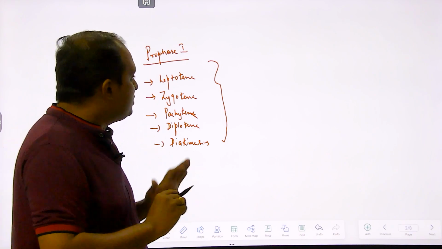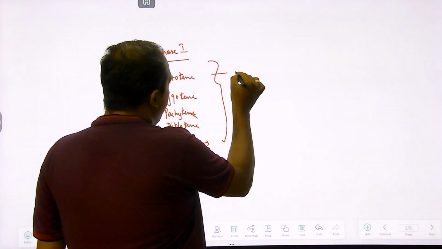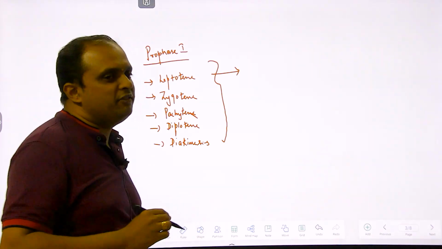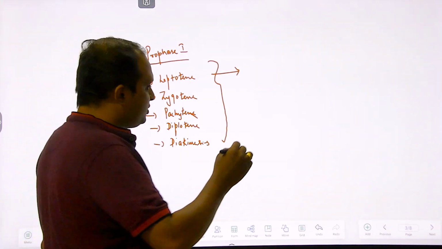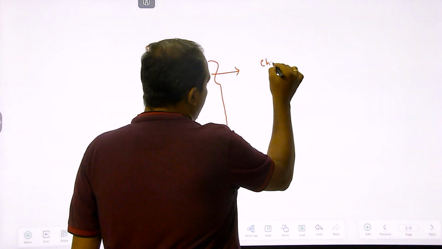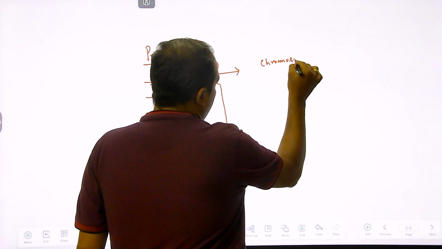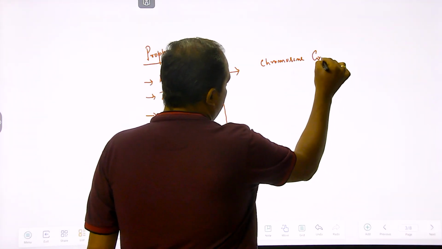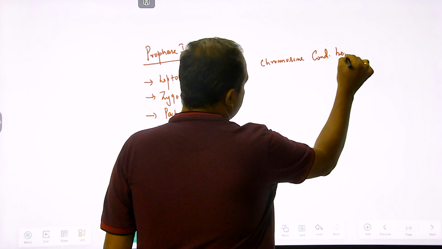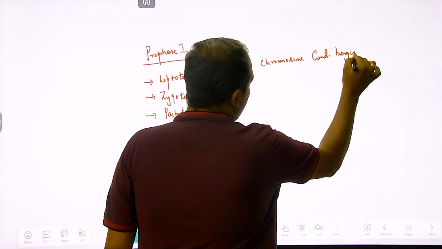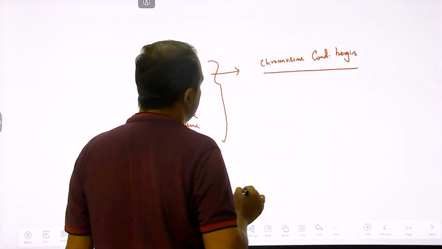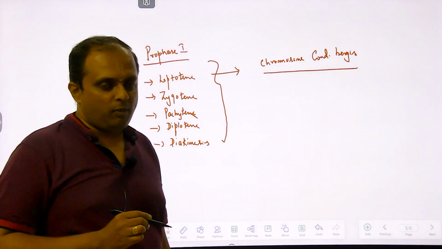See, what is going to happen in the leptotene phase? In the leptotene phase, chromosome condensation begins. This is one important event that happens in leptotene.